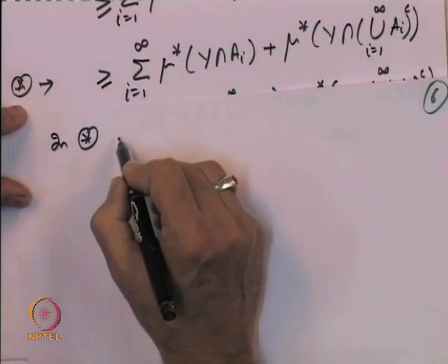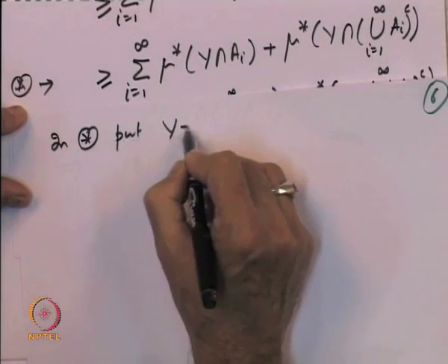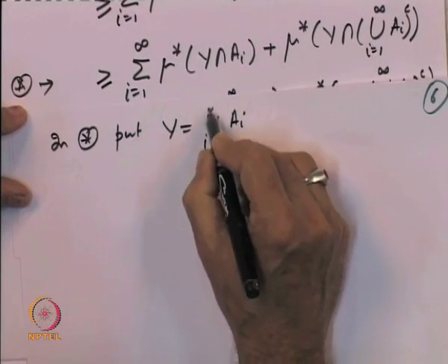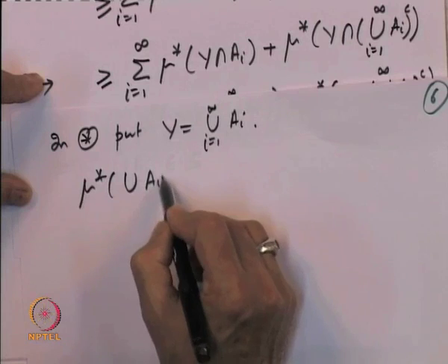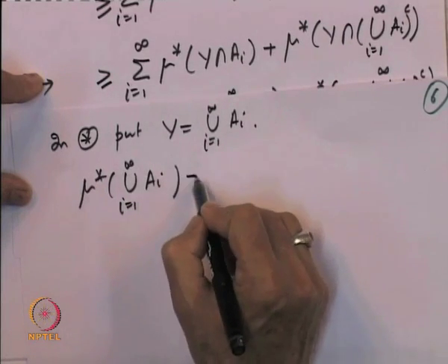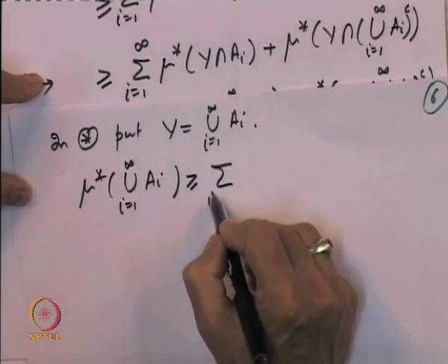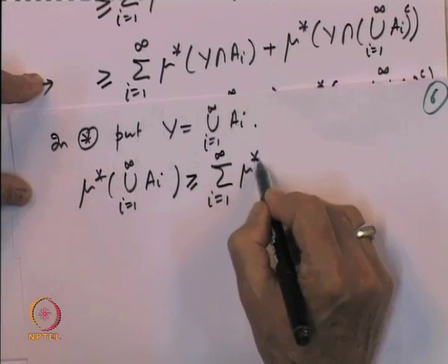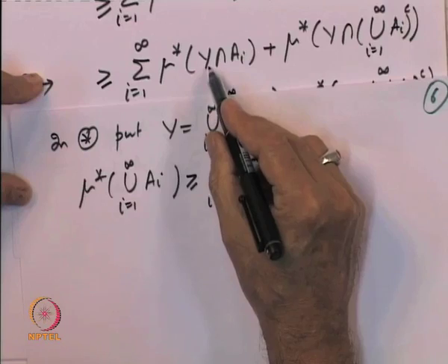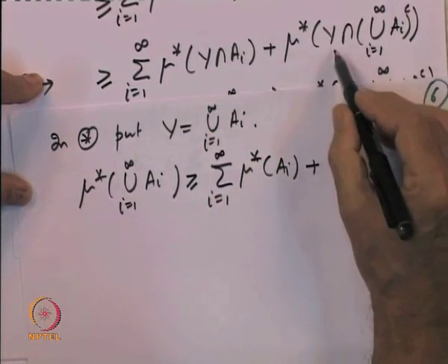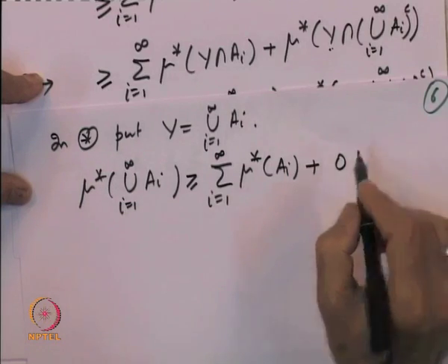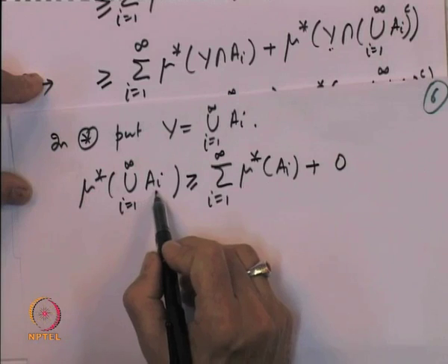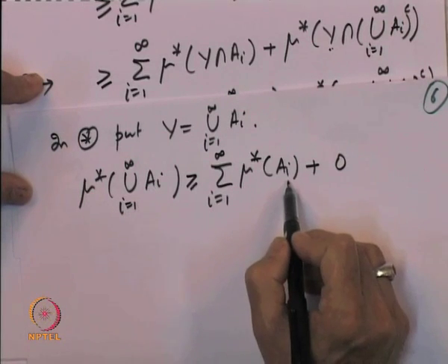Then the left hand side is mu star of union A_i, 1 to infinity, is bigger than or equal to summation i equal to 1 to infinity mu star of y intersection A_i, where y is the union of A_i's, plus mu star of the union intersected with the complement, which is the empty set, and mu star of that is equal to 0. So, what we get is mu star of the union of A_i's is bigger than or equal to this.